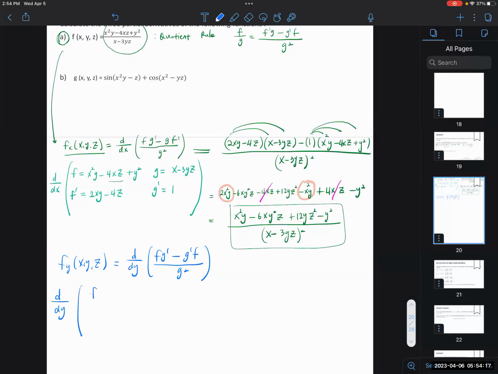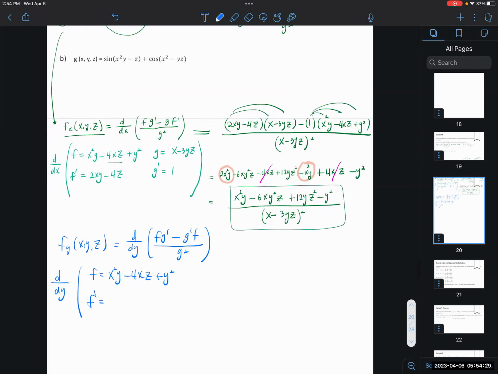So now f is x squared y minus 4xz plus y squared. f prime, we have to take the derivative with respect to y. So x squared, there's no y, 0. And then 2y. So basically f prime is x squared plus 2y.